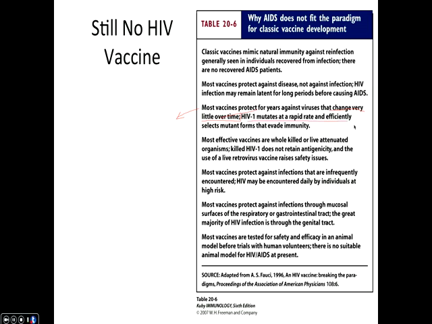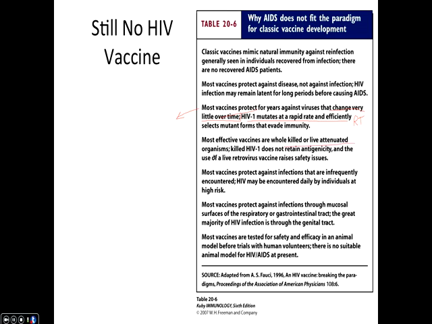As I mentioned, HIV mutates very rapidly due to that reverse transcriptase. The error-prone nature of that makes it difficult to develop a vaccine. Kind of like the flu virus. The flu virus changes very rapidly. It's the same reason you have to be vaccinated every year for the flu vaccine.